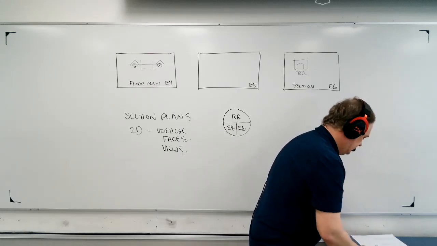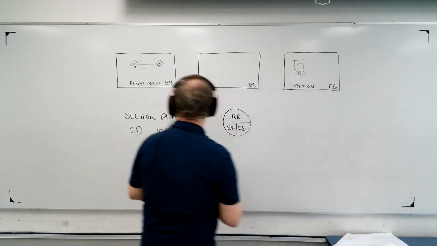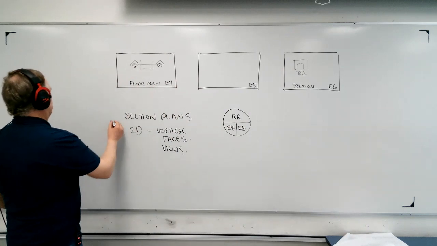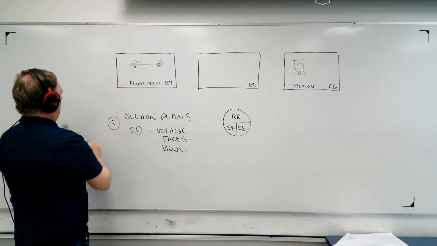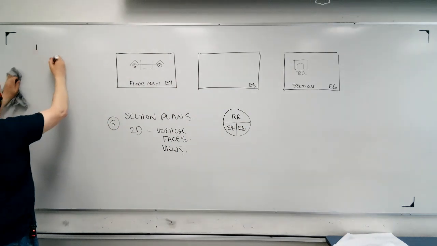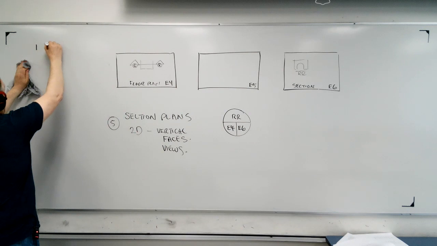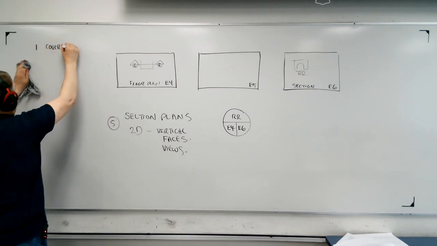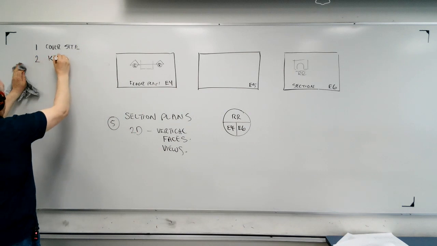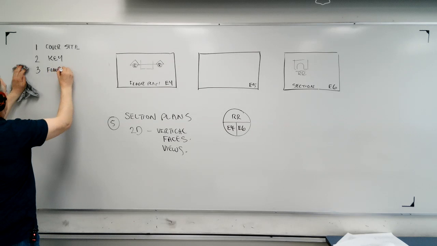Now, let's take a look at the next plan, which is what we call the detail plan. So this is number 5. Let me just make a quick summary here. We started with the cover page and site plan, cover and site. Then we went with a key plan. Then we went with a floor plan.